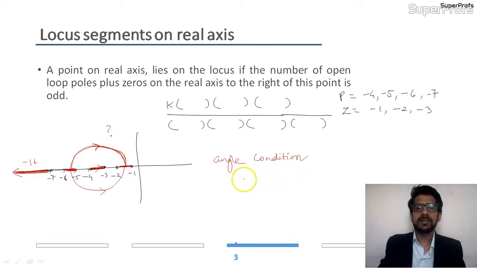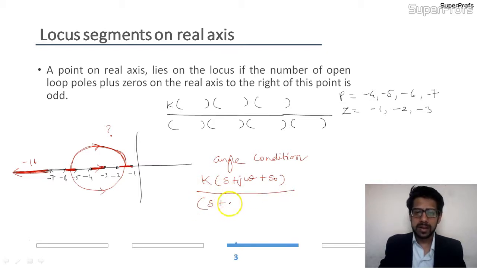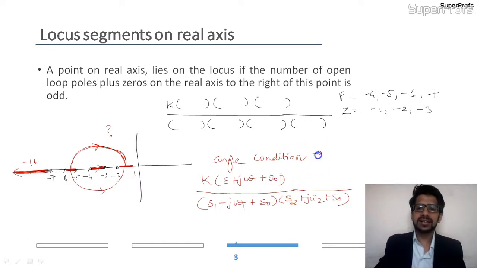If you have a particular transfer function and you represent it like this, s plus j omega plus a certain value s naught, and then you have different terms, s1 plus j omega 2 plus s naught, and you solve these equations and apply the angle condition, you will ultimately have tan inverse of a particular function equal to 180 degrees for the angle condition to be satisfied.